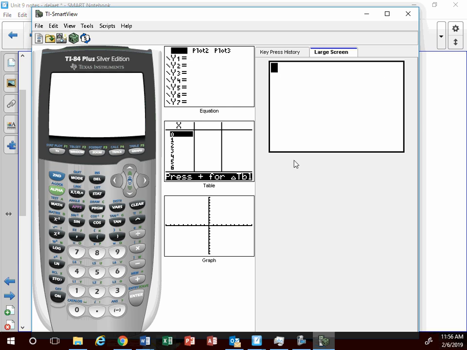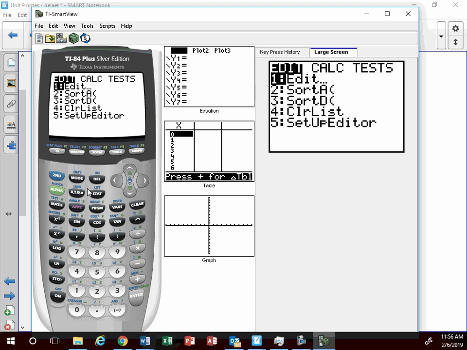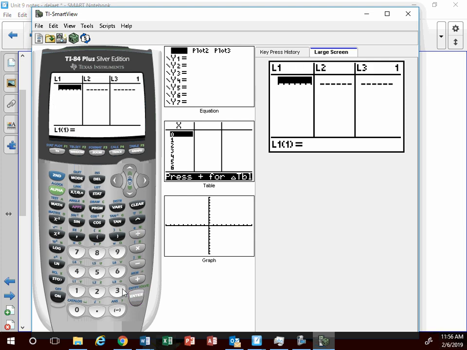Okay, guys. Quick refresher on your residuals. So first, you've got to put in your data.